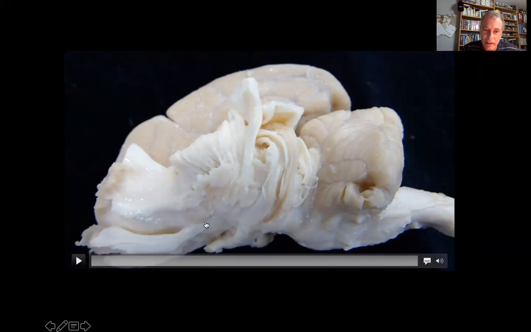So you see, these fibers here belong to the olfactory tracts. These fibers belong to the fornix, and these fibers belong to the optic tract. And then we have the centrum semiovale.